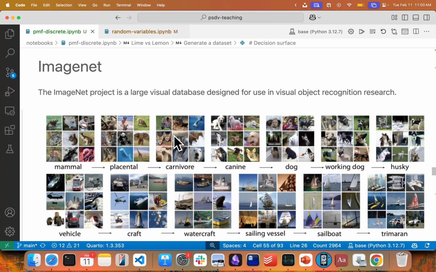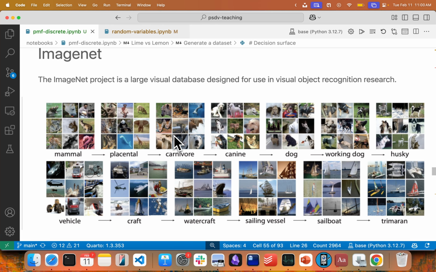For modeling this, we can use the categorical distribution. ImageNet is a very popular data set used for image classification, where given an image, you want to tell whether it's a particular type of dog or a sailing vessel or a watercraft, etc. You have to give the output in one of those k discrete categories.